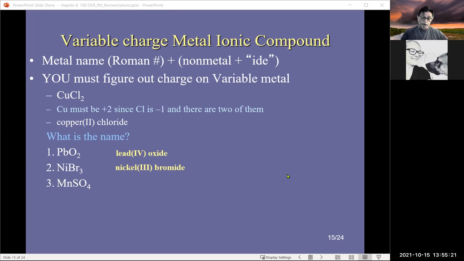Manganese, not to be confused with magnesium, Mg. Okay. So if you look at that, I'm not going to work it through, but what do you think is the name for this species, MnSO4? What do you guys think?